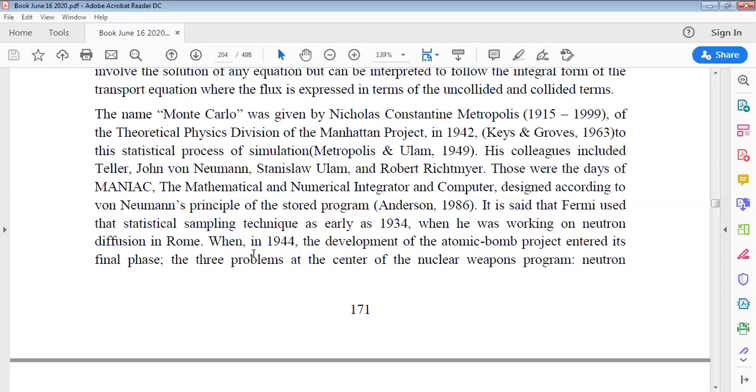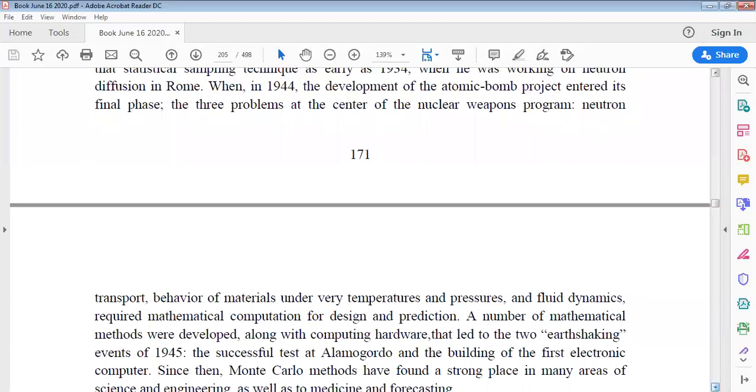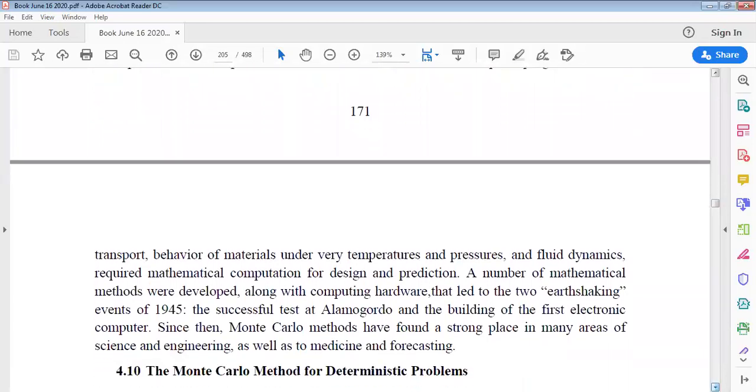Now, in 1944, the development of the atomic bomb project, the Manhattan Project, entered its final phase. And you know that in 1945, 2 nuclear weapons were dropped over Japan, one at Hiroshima and one at Nagasaki. So the 3 problems at the center of the nuclear weapons program at Los Alamos were neutron transport, the behavior of materials under very high temperatures and pressures, and fluid dynamics.